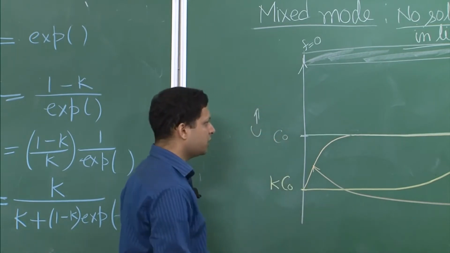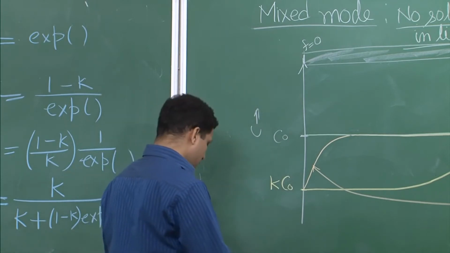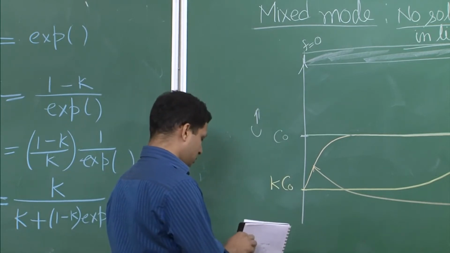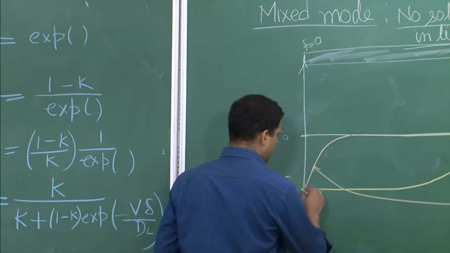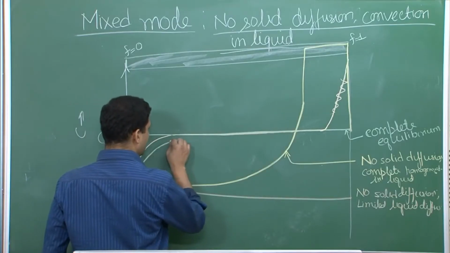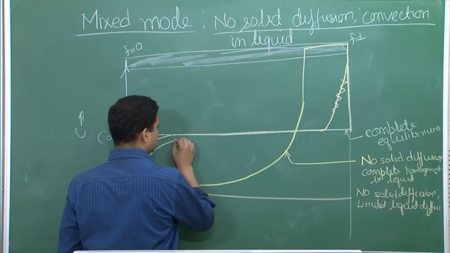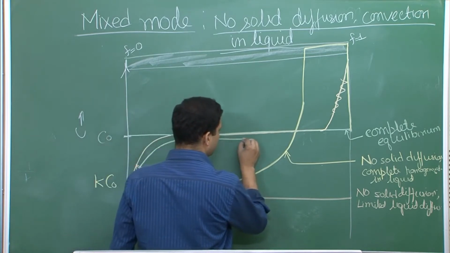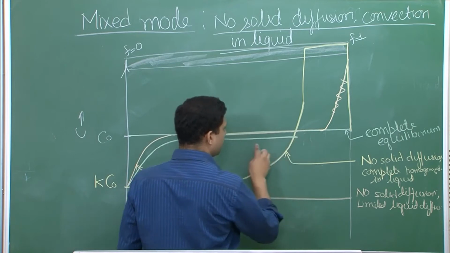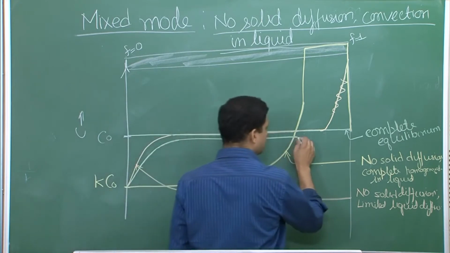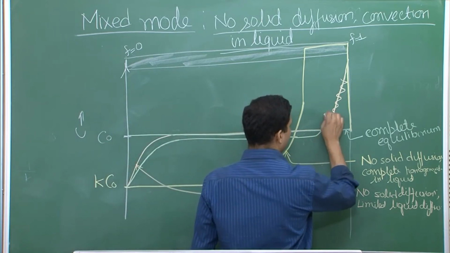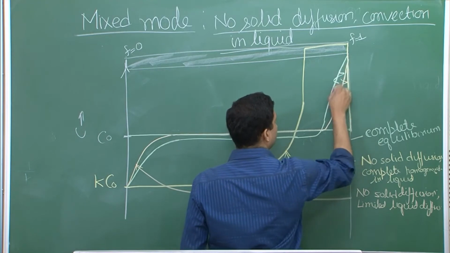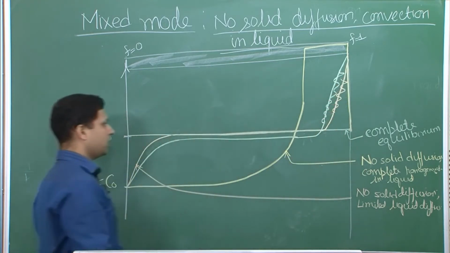So that was the condition of mixed mode, and over there what we obtained was something like this, where there is a concentration gradient or initial transient, and in the steady state the solute does form, but this solute is not exactly at the C0 concentration, and then you had another transient condition.